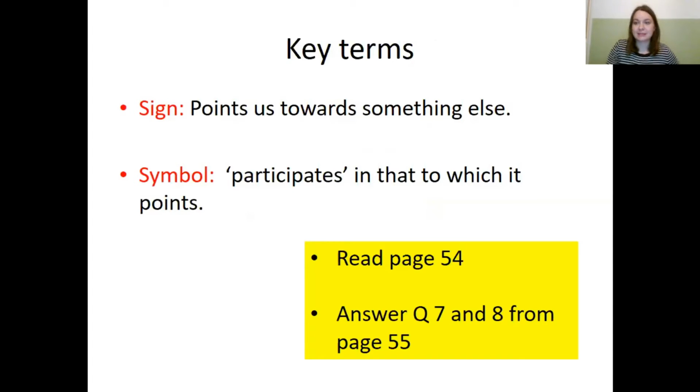Okay, so the task that I'd like you to do first, please, is to read page 54, which is a little bit of an introduction to using symbols to talk about God. And then on page 55, there are two questions I'd like you to answer, question 7 and question 8 in the blue box. So question 7 says, find some examples of company logos, school badges, and other symbols that belong to organizations.